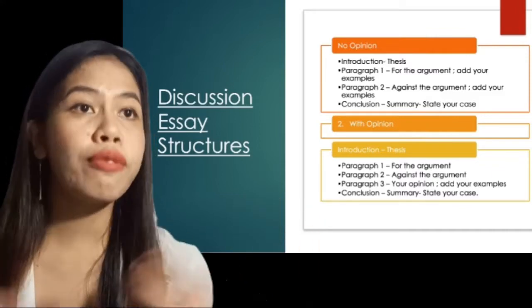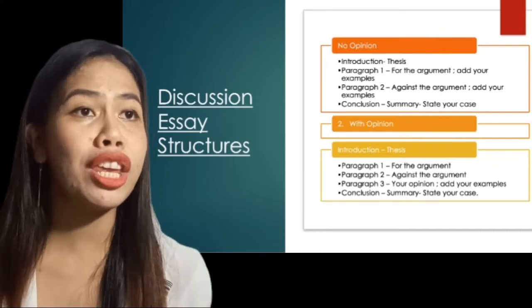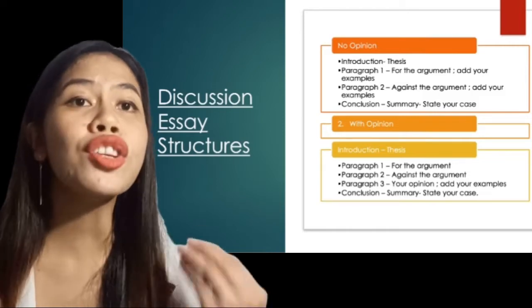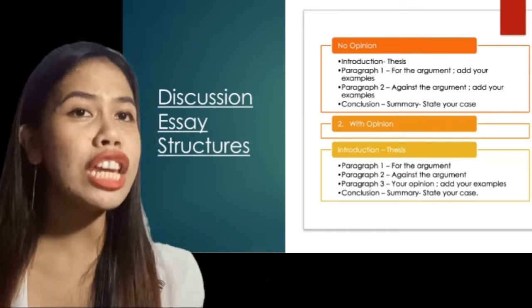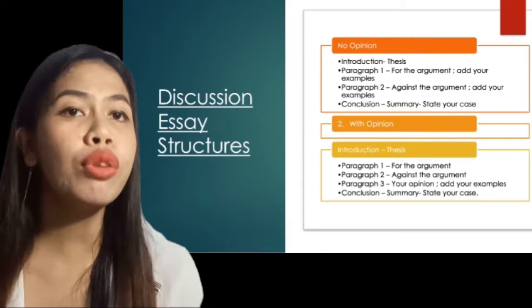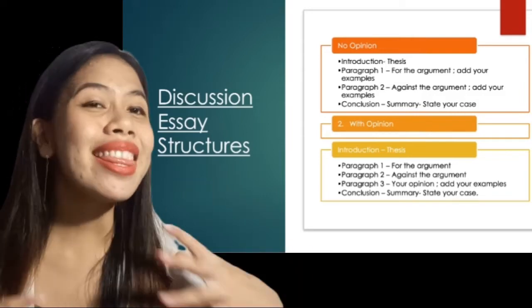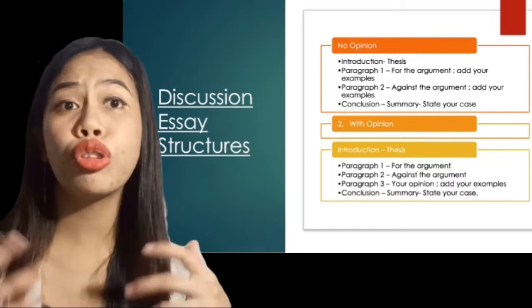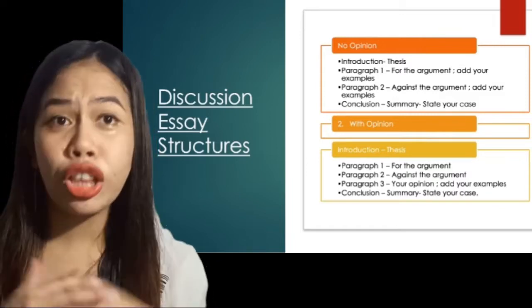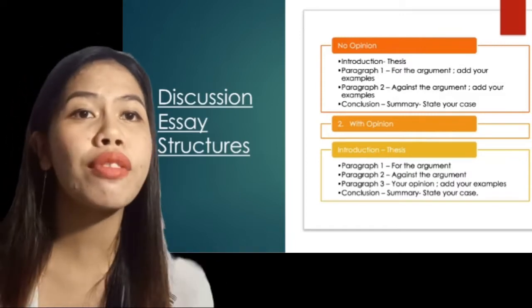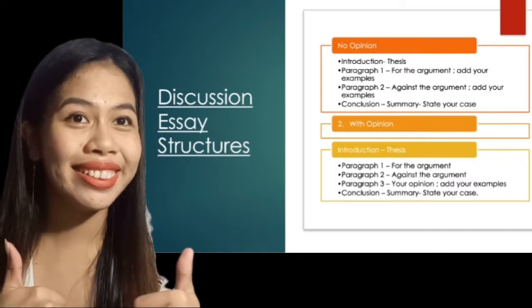And then for the third paragraph, this is where your opinion comes in. This is where you state your opinion, and then you need to add your examples to prove your opinion or to prove your stand and argument. And then for the last part, you need to conclude. You need to state your case and then summarize everything for the conclusion.